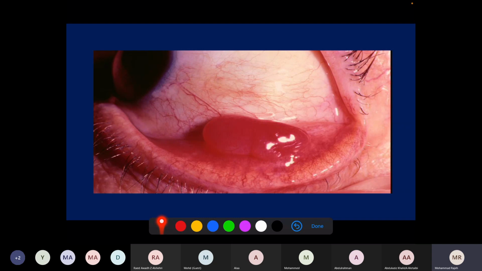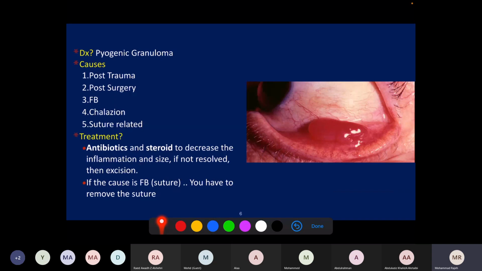So either from chalazion or after chalazion. Okay, excellent. So treatment usually, sometimes you can shrink it with a short course of topical steroid, like Tobradex or Maxitrol, and you remove it after. But the most important thing to mention is identify the cause, you address it, and you excise it. Okay.